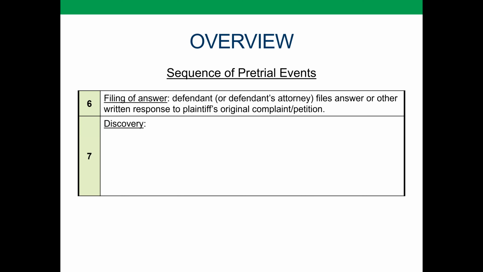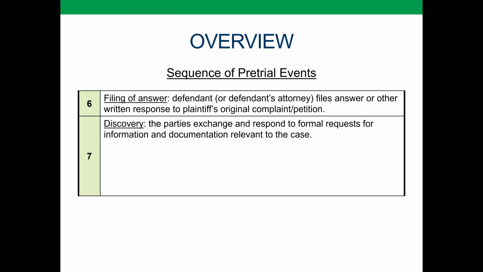Now, once the answer has been filed, the lawsuit shifts into the discovery phase. That's the phase of the lawsuit where the parties exchange with each other and respond to requests from each other for relevant facts, information, and evidence about the case, so they can see what evidence and information each other has.